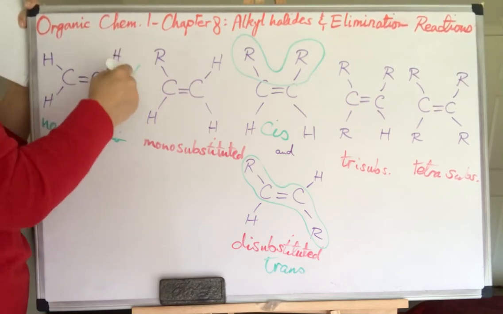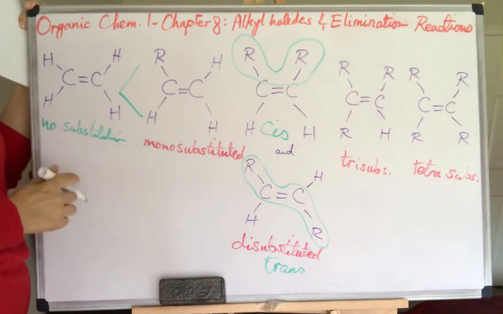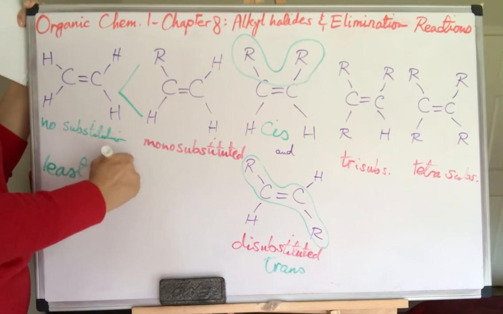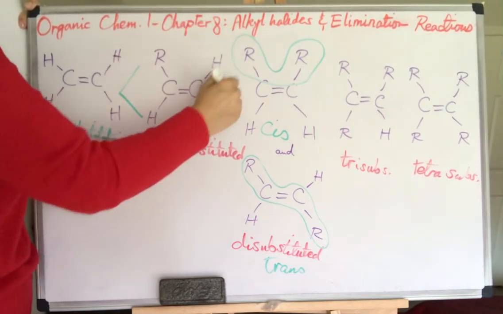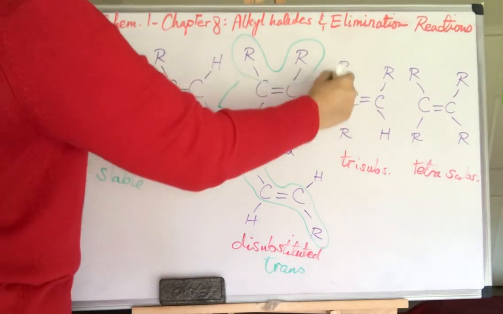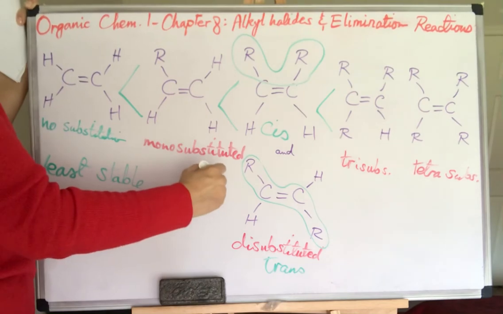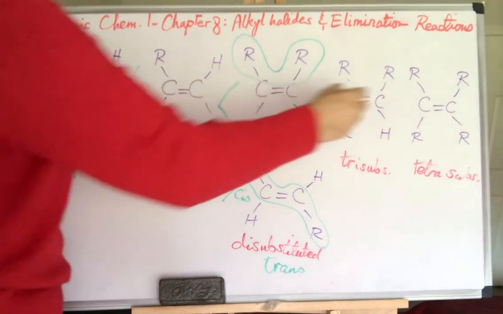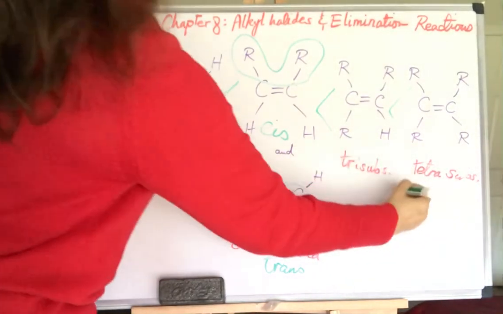So, the alkene with no substitution is the least stable. Then by increasing the substitutions, you will have more stability. Stability of trans is more than cis, and the tetra-substituted is the most stable.